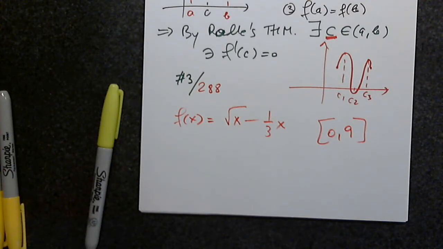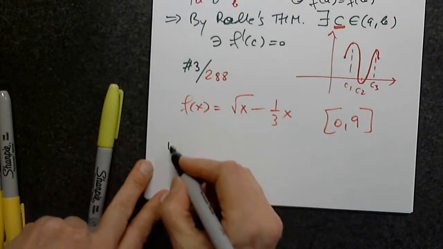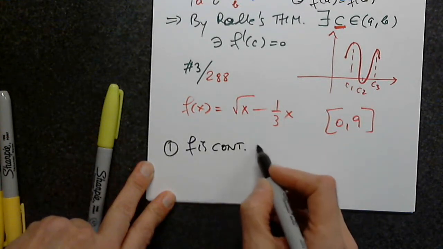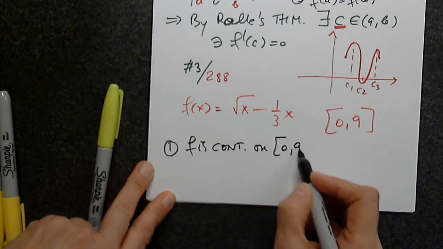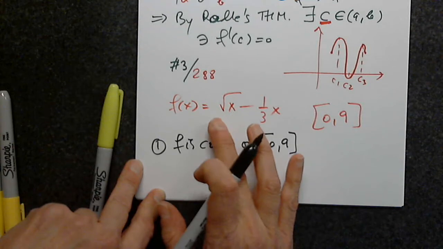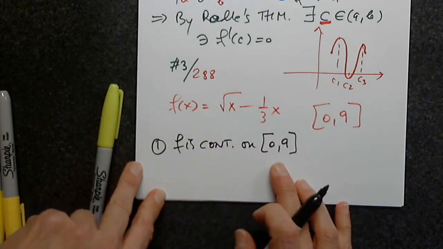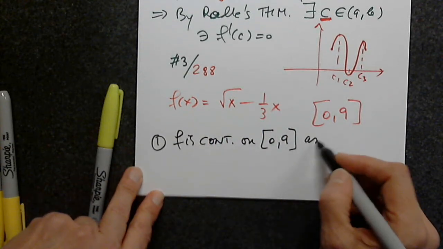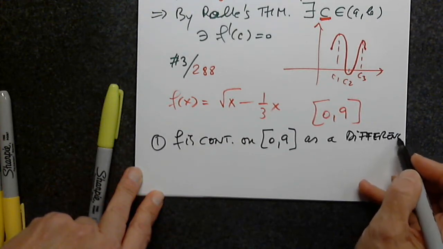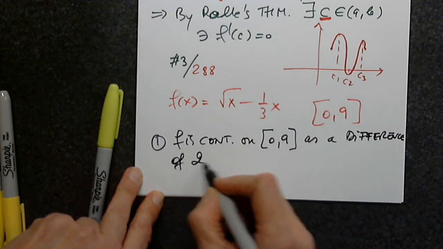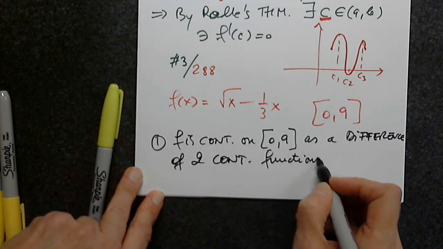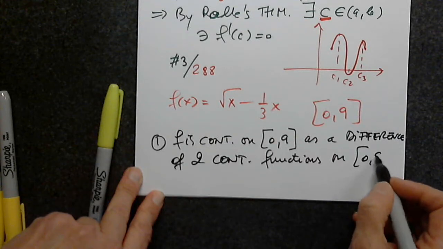We have to verify three hypotheses. Number one, f is continuous on the interval 0, 9 because it's a difference of two continuous functions on 0, 9.